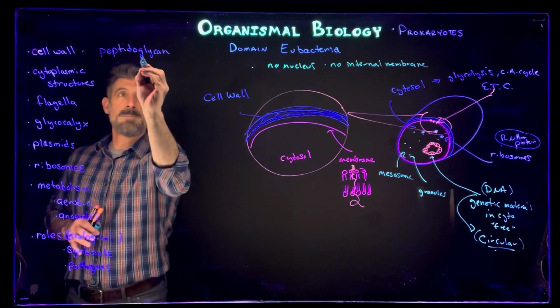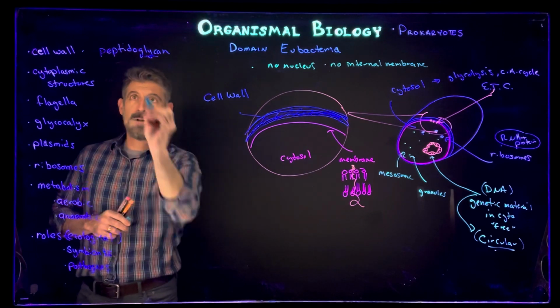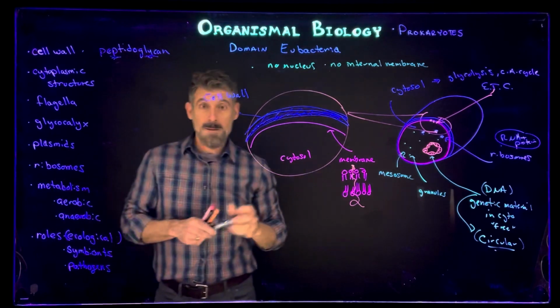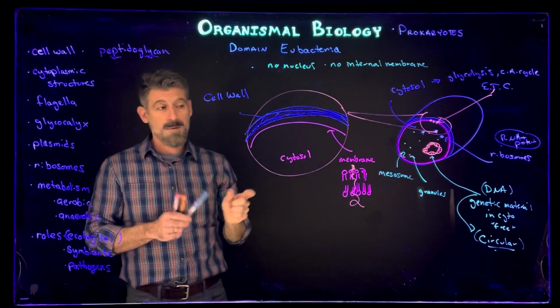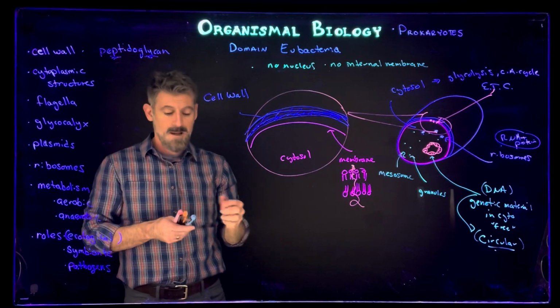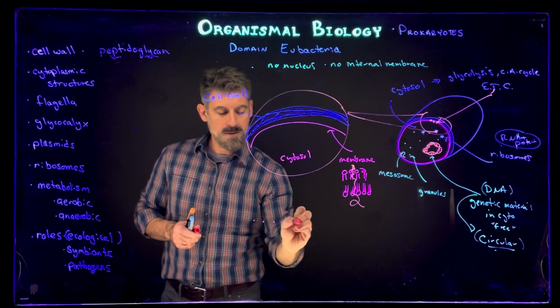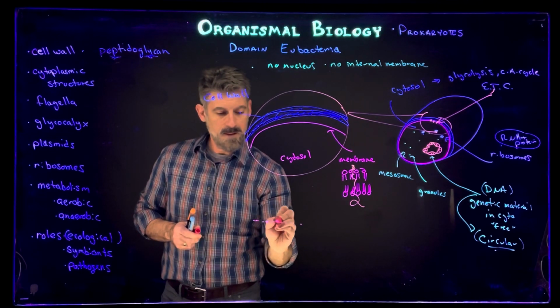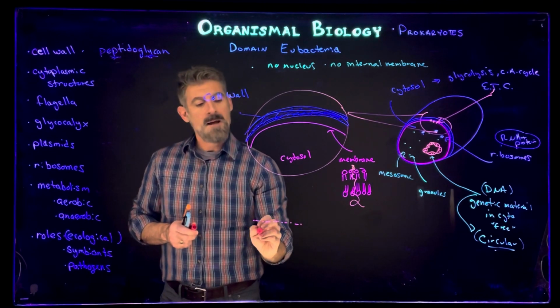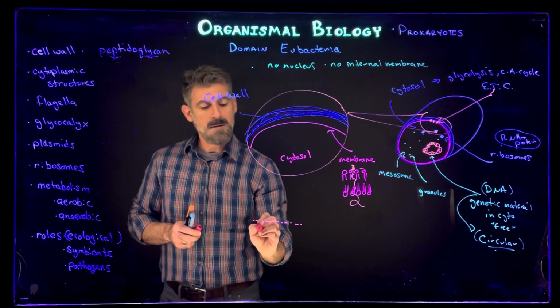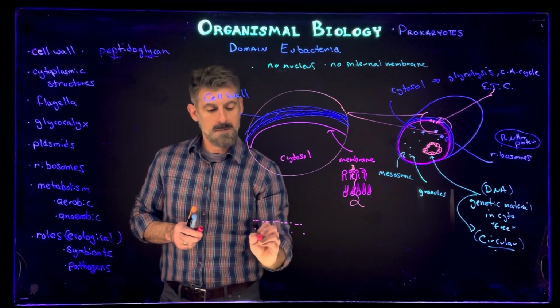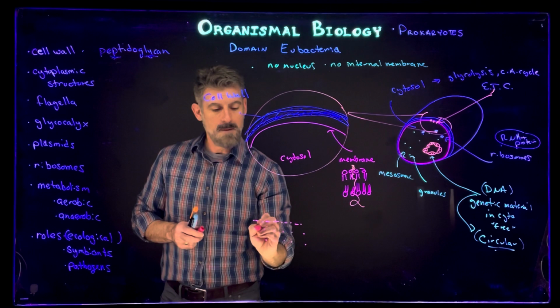Which, if you break down the name, glycan means sugar. Peptid refers to a peptide or polypeptide, which is a group of amino acids, and that's essentially what it is. It's a bunch of sugar molecules like this that are linked in chains, and then there are many of these, and then they're linked together.